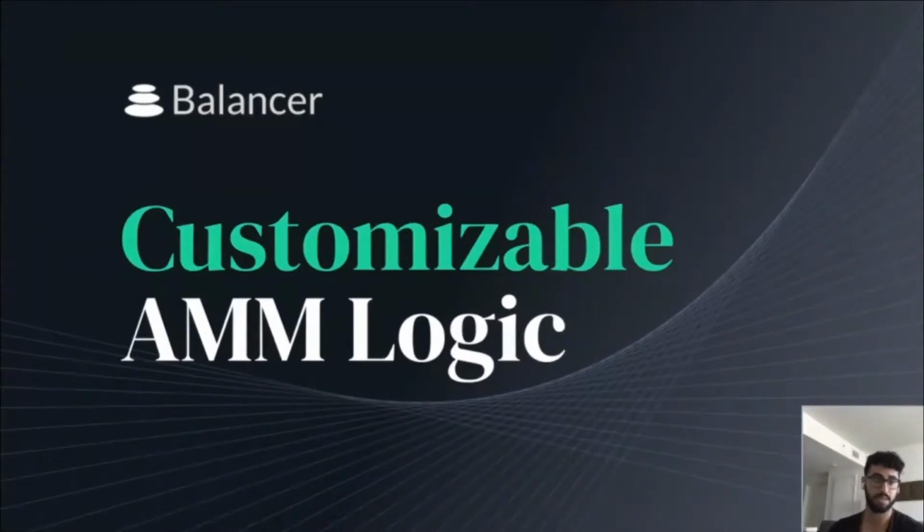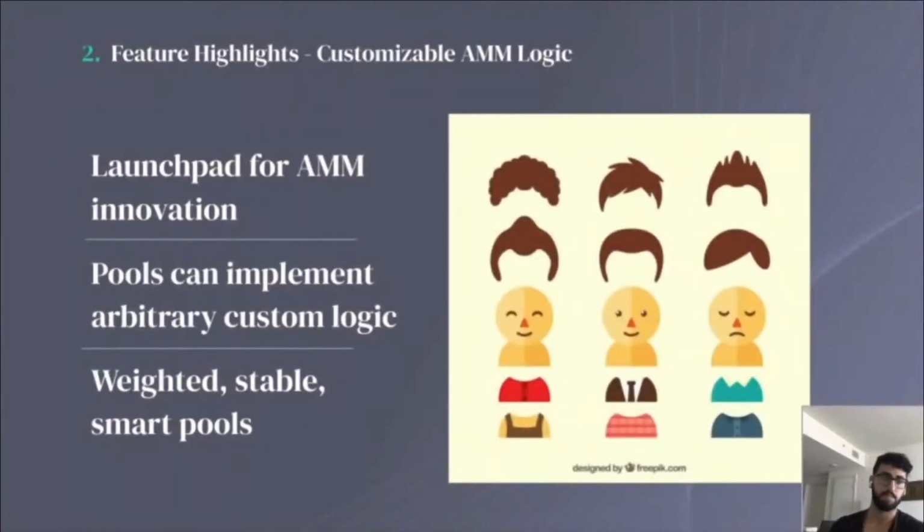The second thing is customizable AMM logic. In Balancer V2, the protocol moves from a singular AMM design to infinite AMM configurations. Every liquidity pool on Balancer can be assigned a specific AMM logic to follow.